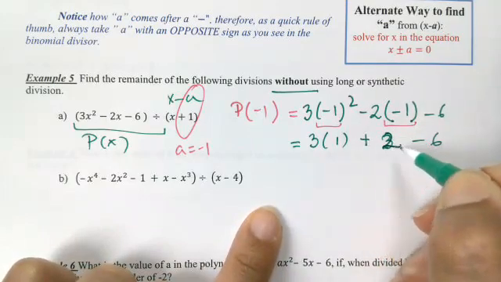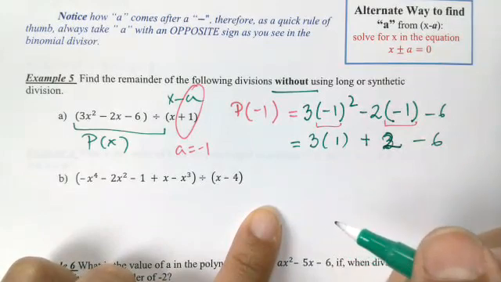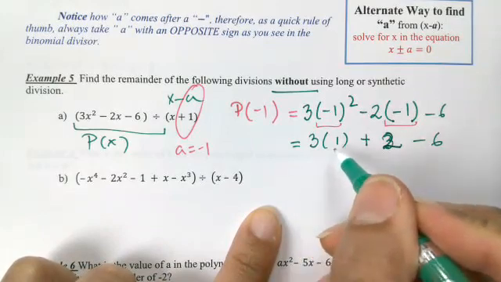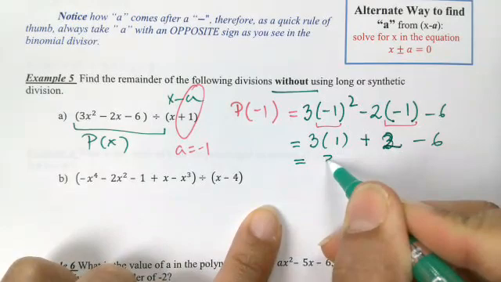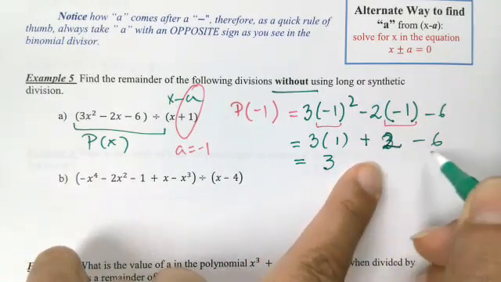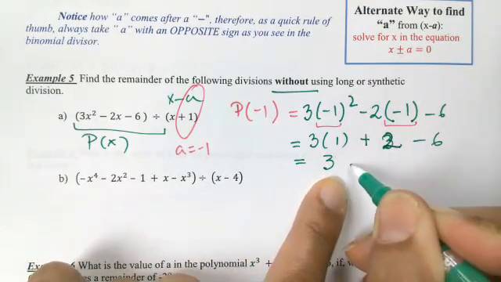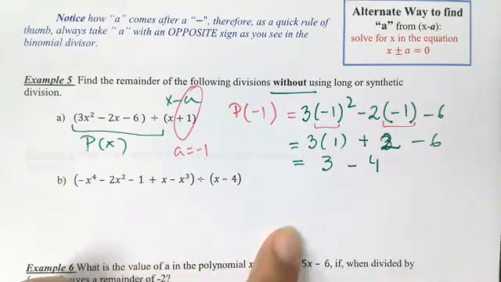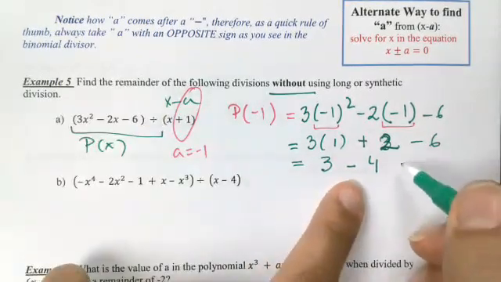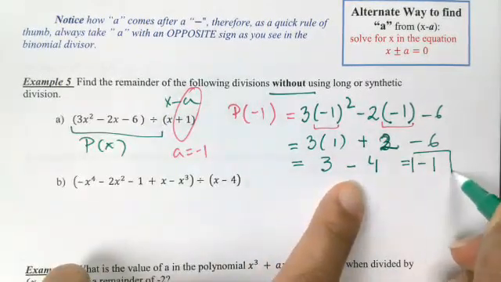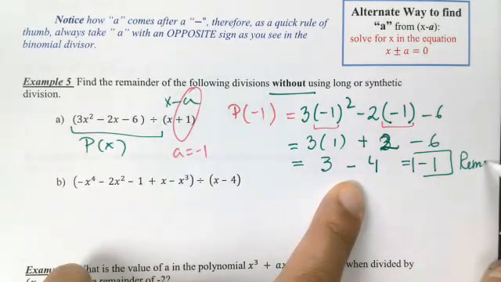Okay, and now 3 times 1 is also a multiplication, 3. And here I can do the addition of 2 and -6. So 2 plus -6 is -4. And now finally 3 minus 4 is -1. That's the remainder.